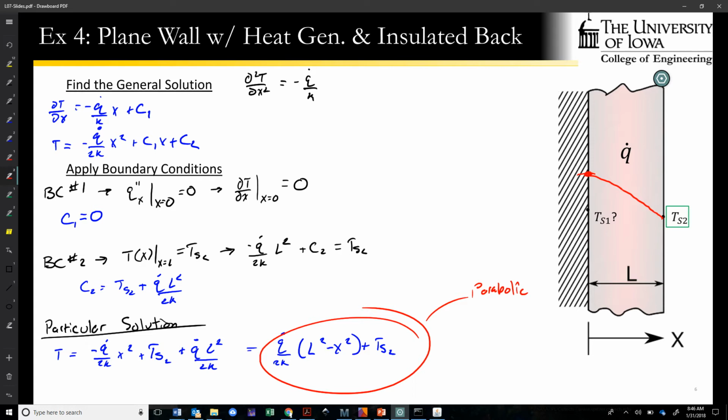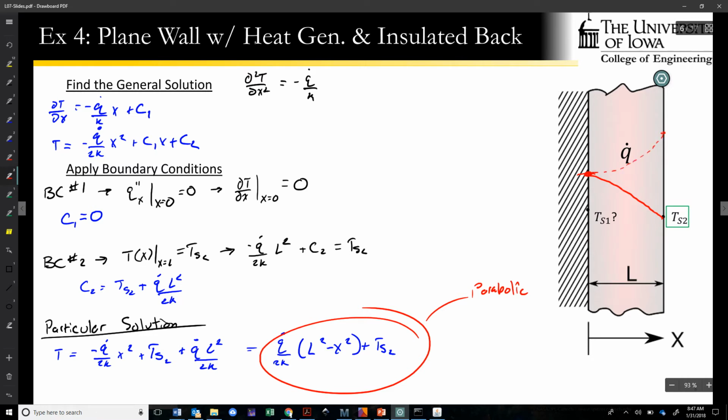All right. This also means that we can sort of see by inspection, right? If this is the center of that parabola, then it has to be an extremum of the temperature. So if Ts2 is hotter, it's going to be behaving like this.